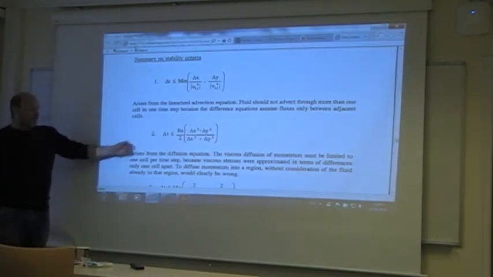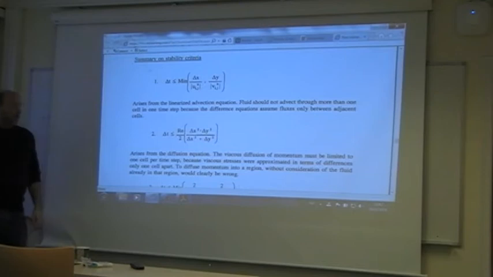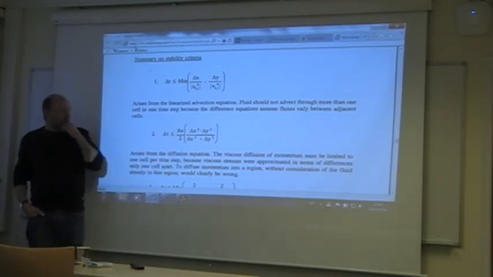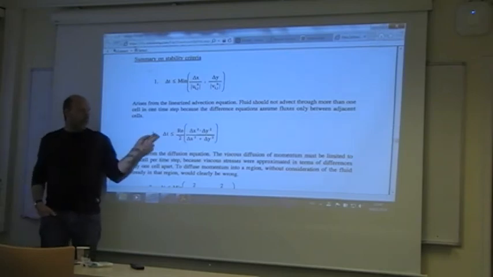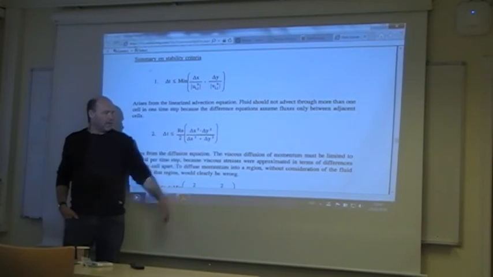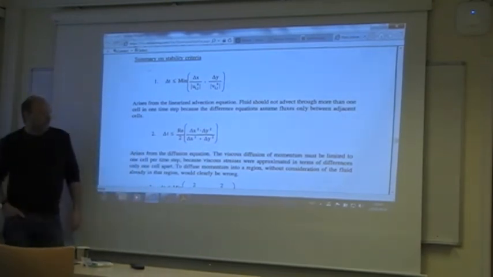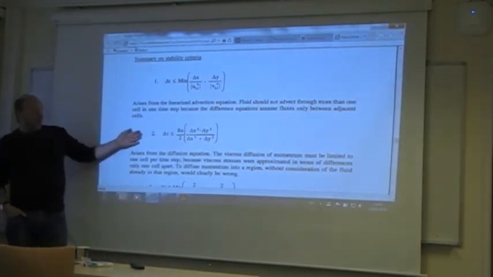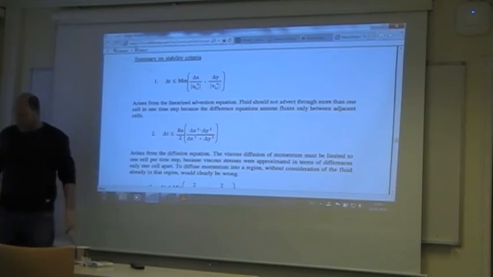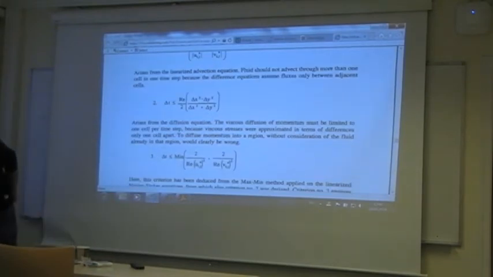Now, the second demand comes then from the diffusion equation. So we did this one only in 1D, so in 2D, a little bit more complex coefficient there. Now, this demand can be calculated before you start. So here you get an idea what delta t has to be smaller than. So this is also then listed in the SOLA code.